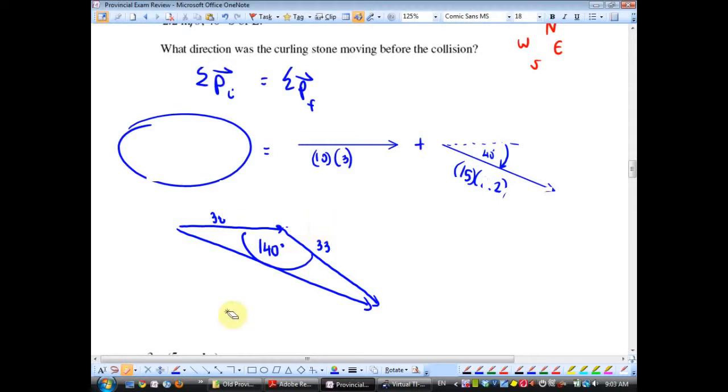Now, this question doesn't want me to find the resultant. It wants me to find the direction. It wants me to find theta. Can you already tell me, if that's which way my curling stone must have been moving initially, what of what? North of south, south of west, south of what? Okay, this is going to be south of east. Now I just need to find the degrees.